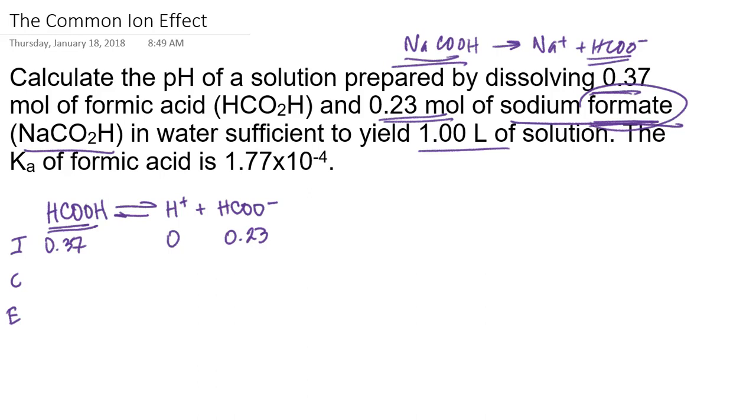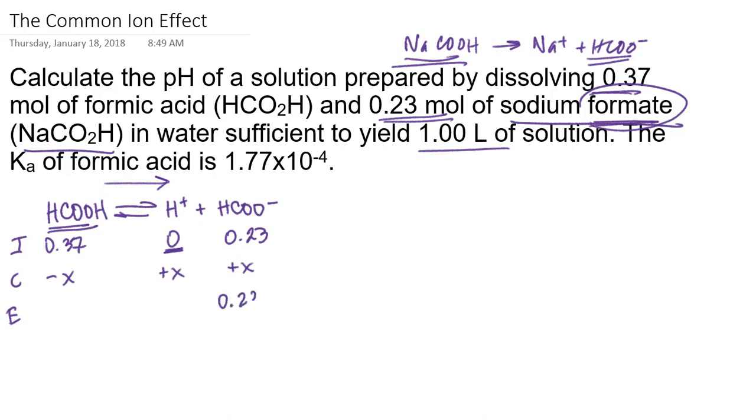Now, because I still don't have any protons, this equilibrium is still going to proceed to the right, which means that I'm going to be losing some of the formic acid, but gaining each of the species on the right-hand side of the equilibrium equation.